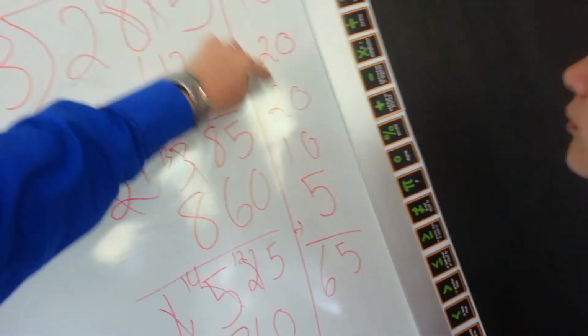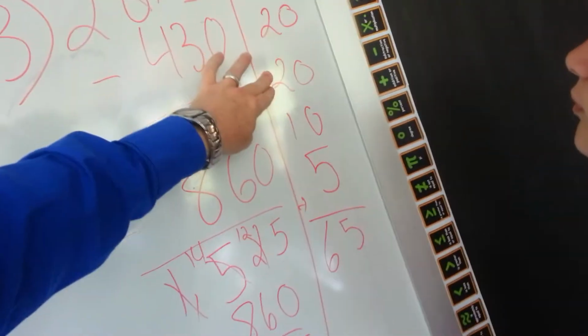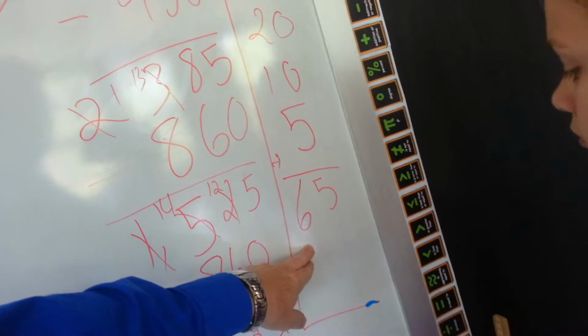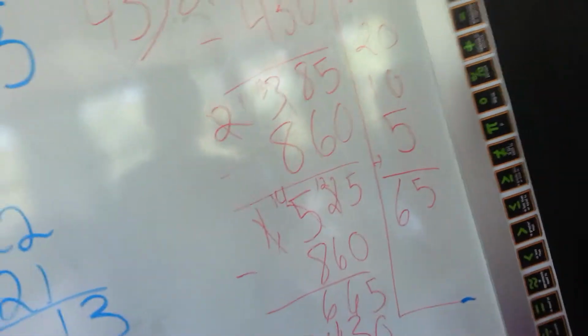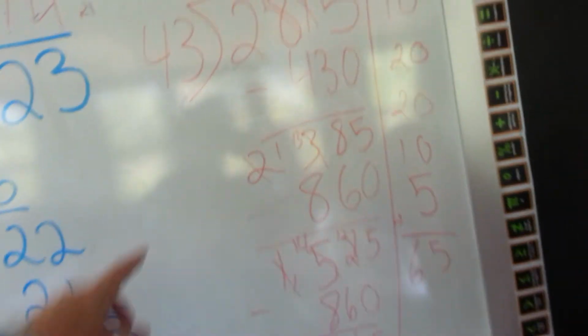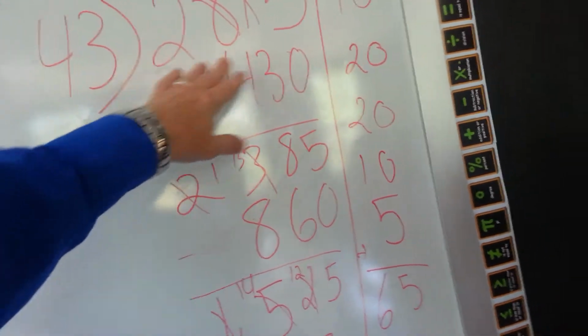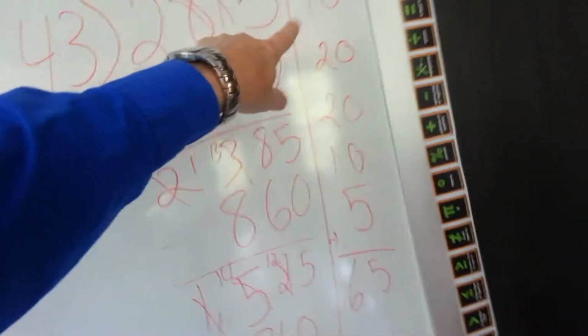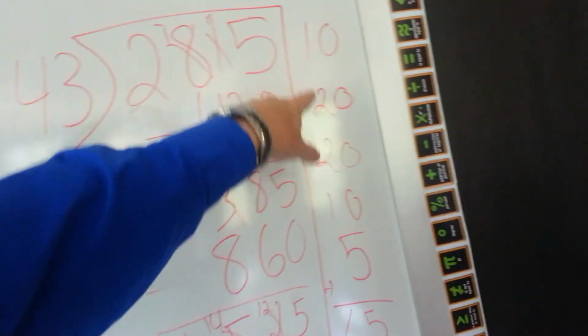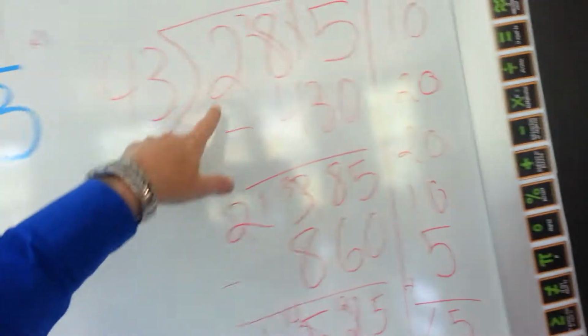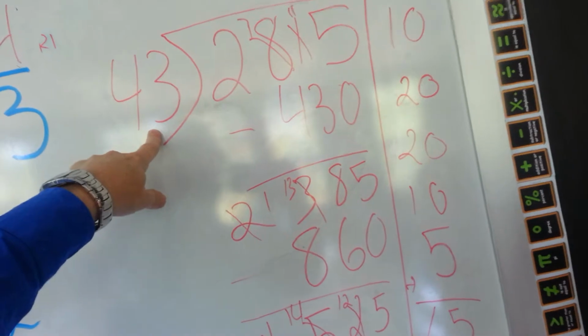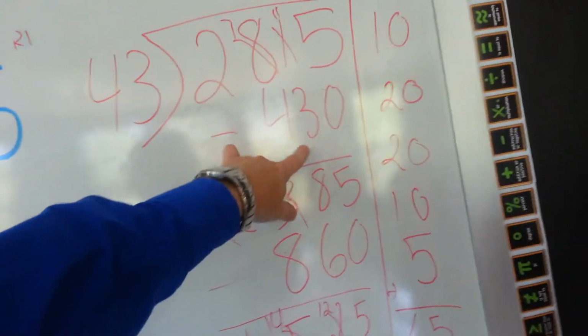No matter what you start with or end with, when you add all these up, you will get 65 at the end if you don't make any mistakes. The trouble was, and Austin said this in the last video, he didn't know where to start with 43 times something. If you use partial quotient, you don't need to know where to start. All you need to know is if you start with a 10, you can do 10 times whatever this number is and just add a 0.